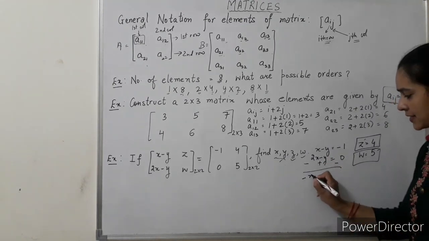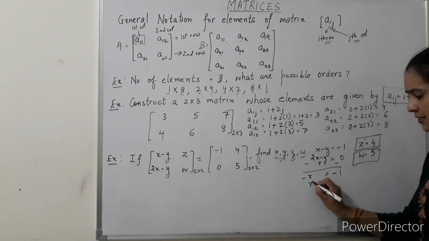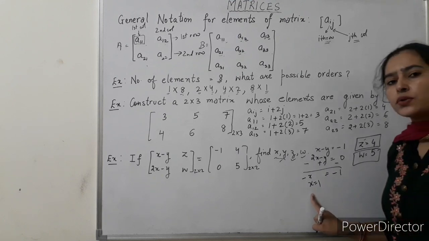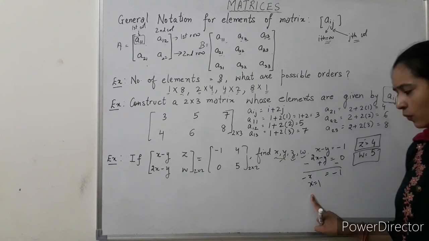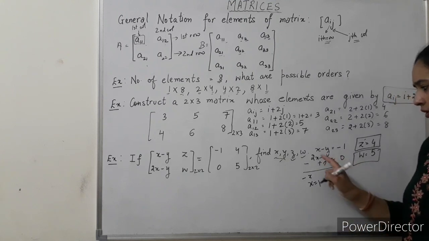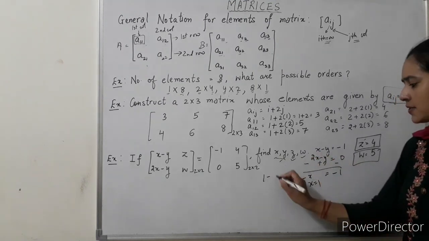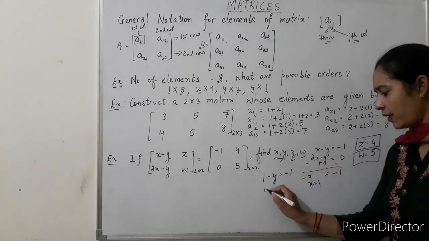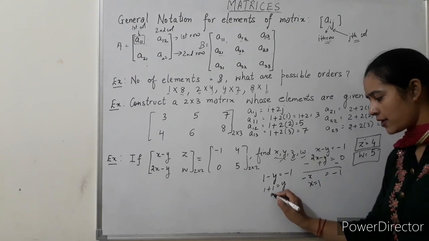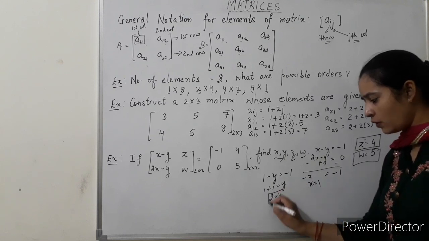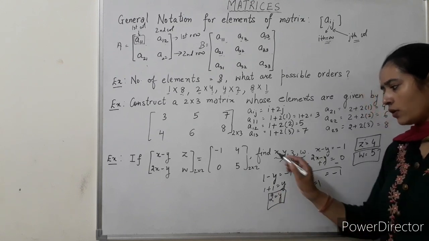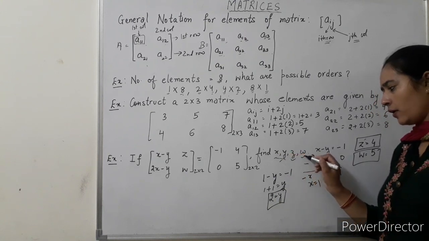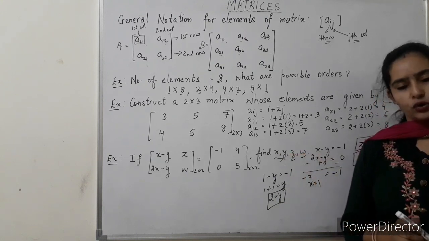We have minus x is equal to minus 1. So x is equal to 1. Now substitute this value of x is equal to 1 here or here. 1 minus y is equal to minus 1. We have 1 plus 1 is equal to y, that is y is equal to 2. This is the value of y. So we have found the values of x, y, z and w that was asked in the question.